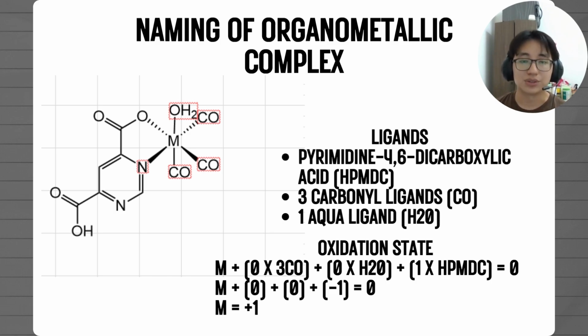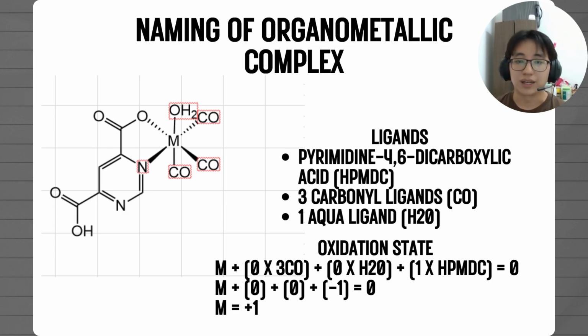There is a last ligand bonded to the center metal complex. The oxidation state for the carbonyl ligands is 0. The water molecule is also 0, so there will be 0 times 3 carbonyl ligands and 0 times the water ligand, which is known as aqua. The oxidation state for HPMDC will be -1.